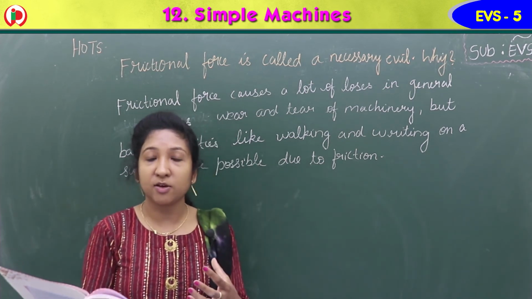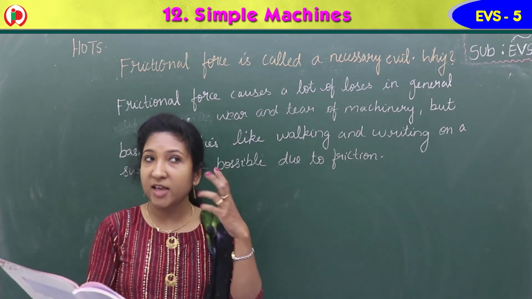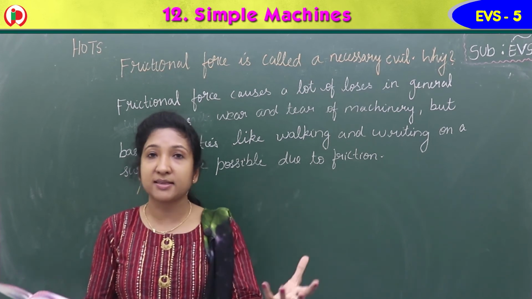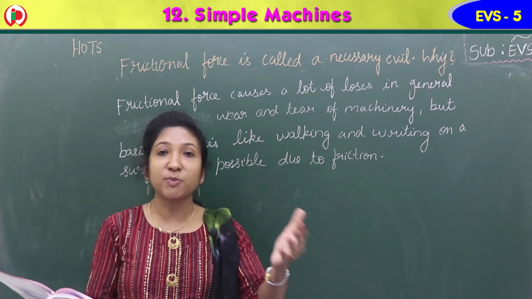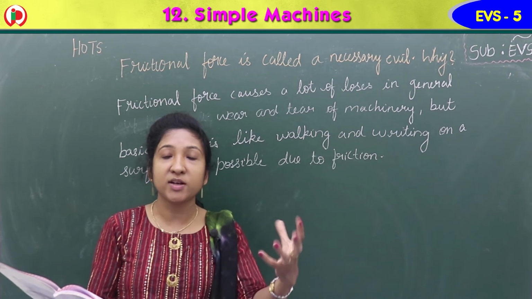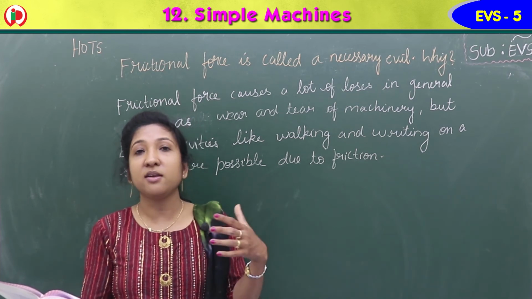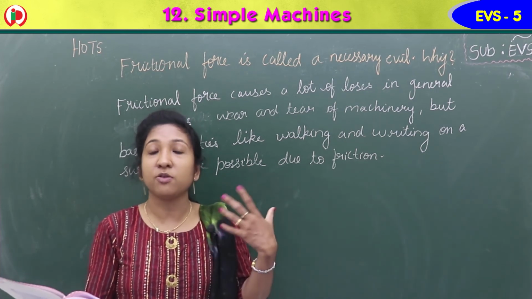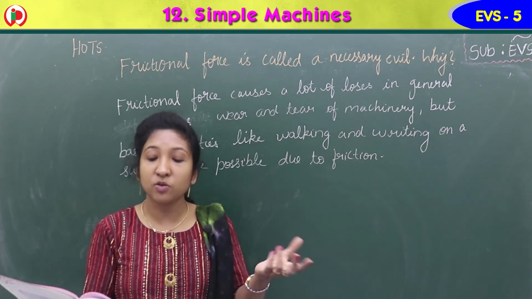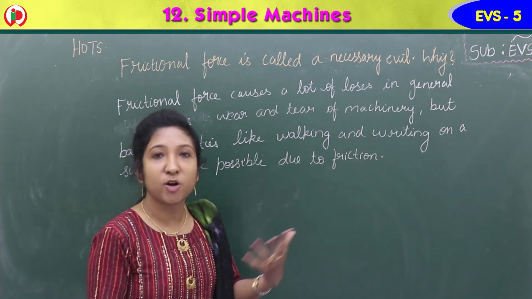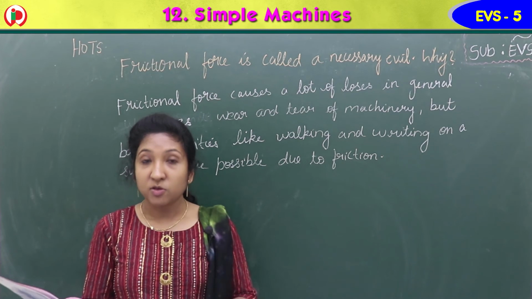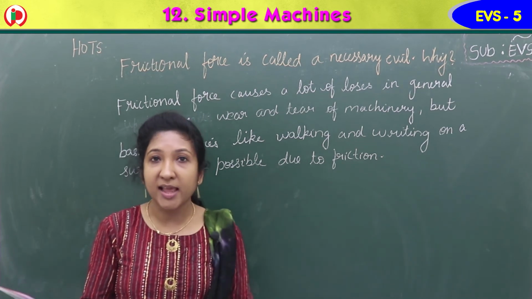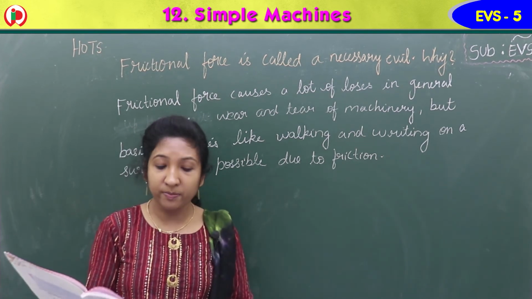Observe and notice it all. If you have doubts, you can ask the person there, what kind of machine is this, what work is this. Then you come to the class and discuss it. Everyone will get different knowledge, so try to do it.